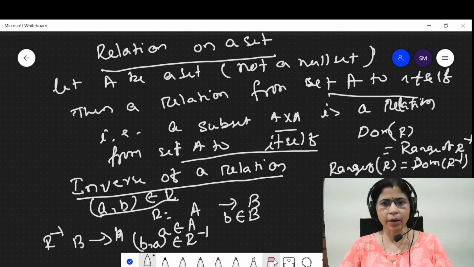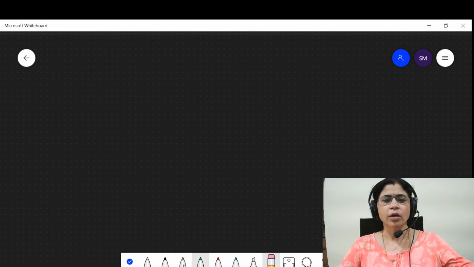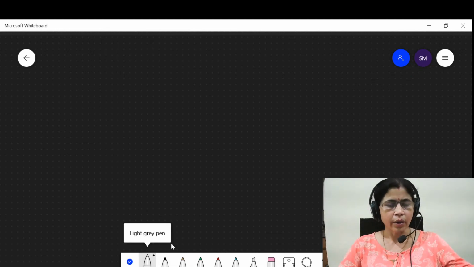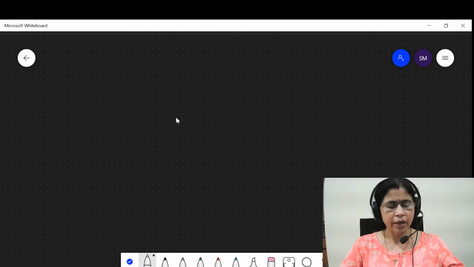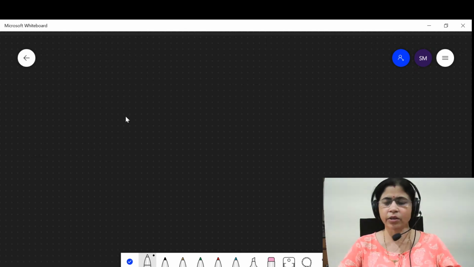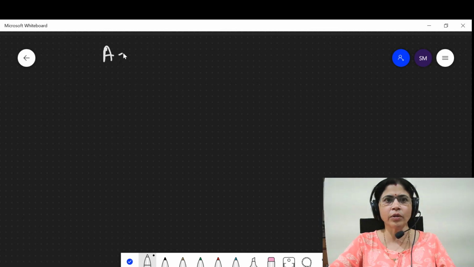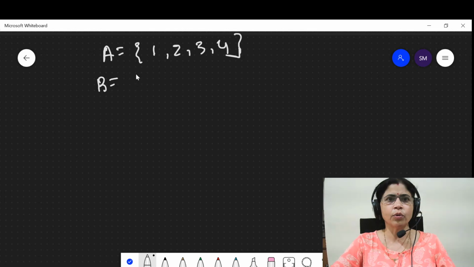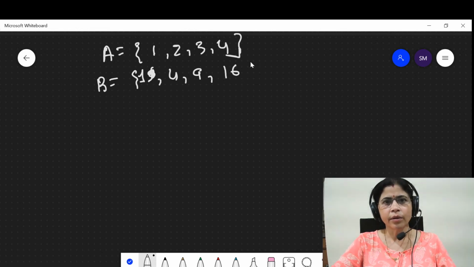Now take some examples for better understanding. What is the meaning of range and domain? What is the relation between inverse of a relation? Suppose A be a set of natural numbers 1, 2, 3, 4, and B be a set which contains 1, 4, 9, 16.